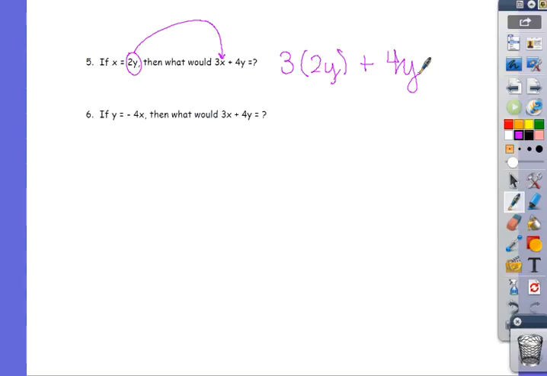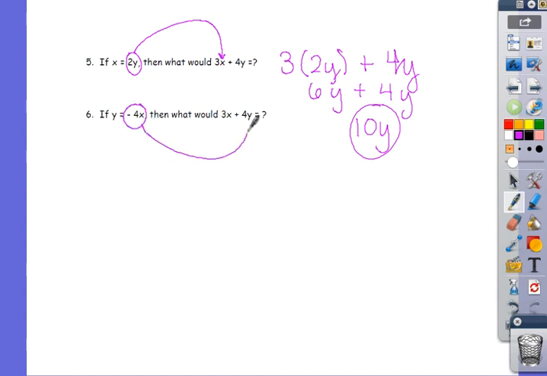Okay? So 3 times 2y would be 6y plus, don't forget your 4y. 6y and 4y, because they are like terms, can be added together, combined, and you would get 10y. And that would be your answer. That would be your simplest form.